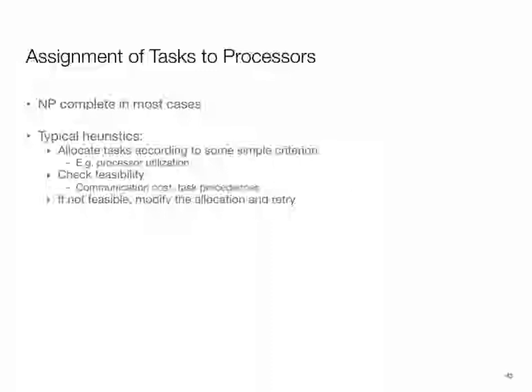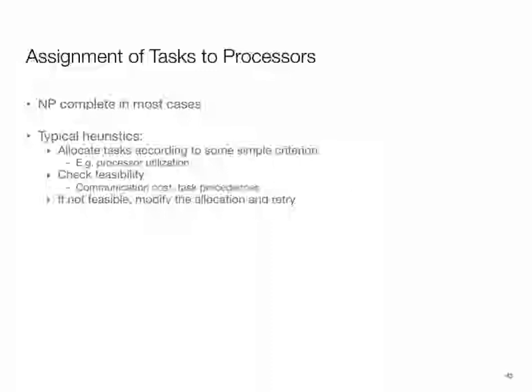Let's say I want to formulate this problem as an ILP problem. Let's say my goal is simply, for the sake of argument, that I want the tasks to be distributed on a bunch of processors such that no processor utilization exceeds 0.69 and the number of processors is minimized.